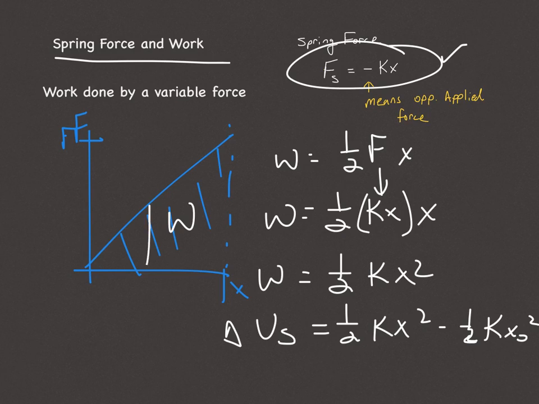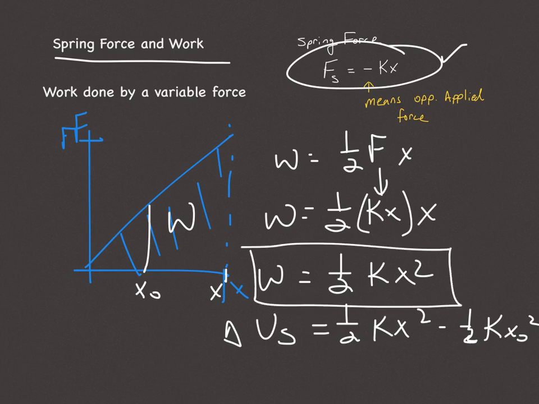If we wanted to figure out somewhere in between, that's what that equation would be. So we can see that this work solved from the graph will give us what the potential energy equation is.